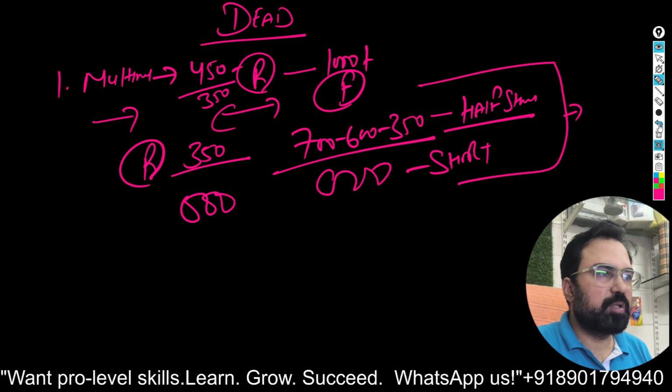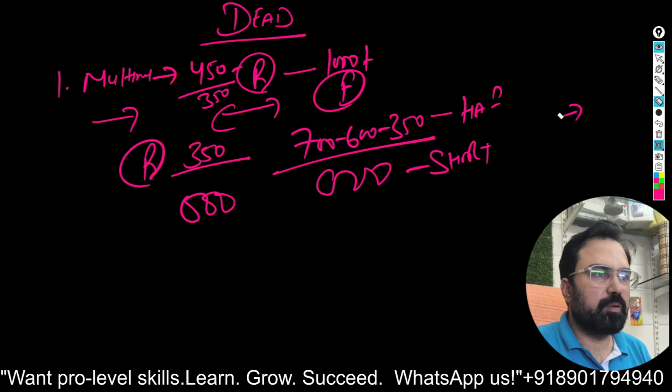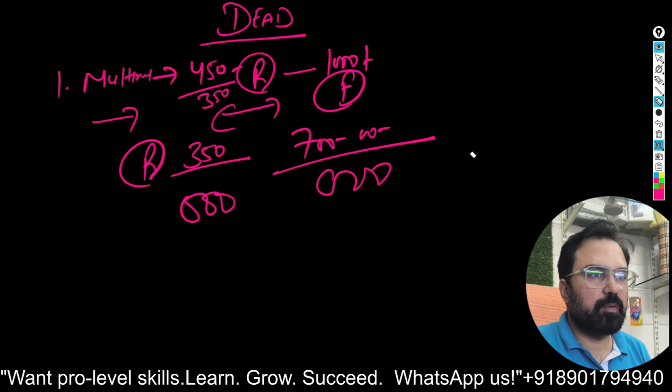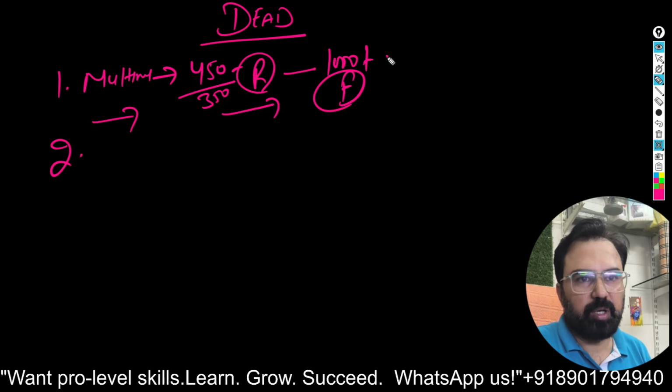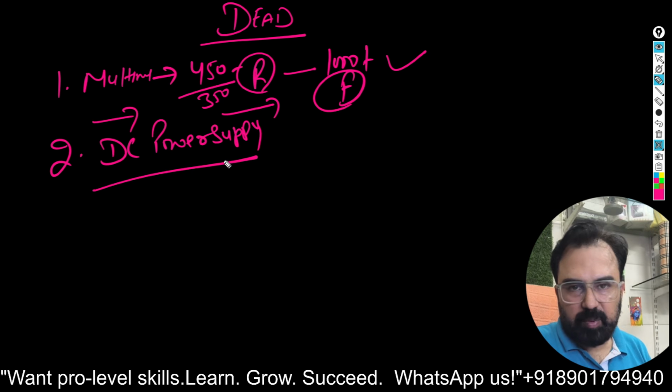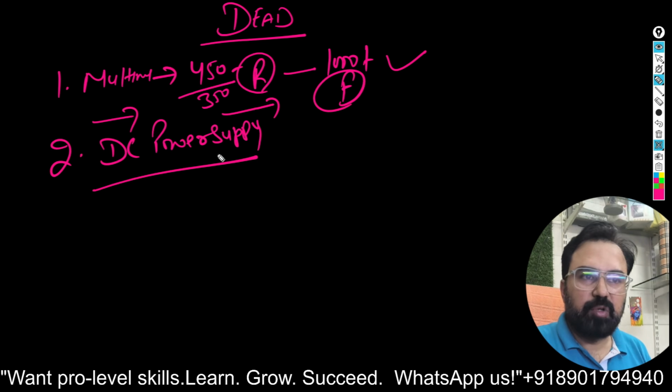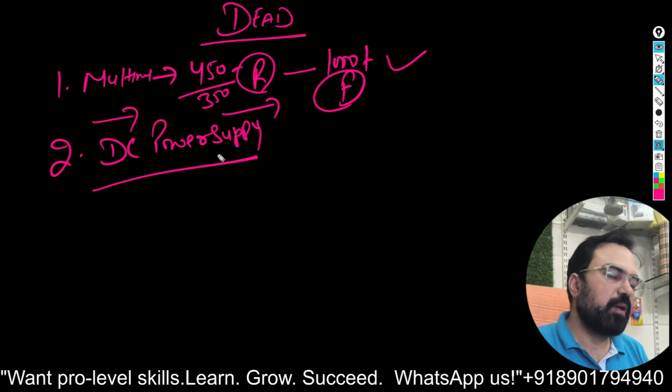Now let's say the multimeter part is okay. After that you have to connect a DC power supply. I've already made a DC power supply video, and a DC power supply gives you a huge edge in diagnosis, right?